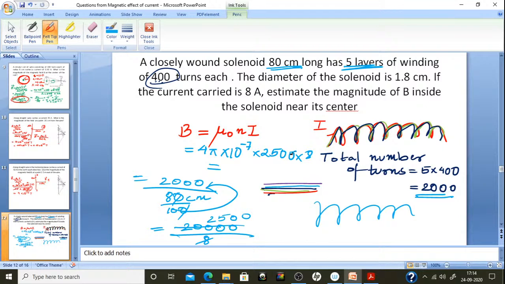Two zeros will cancel with here, so this will become minus 5. So 8 into 25 is 200, again 2 more zeros will cancel, so this will become minus 3, and what will be left here? 8. So 8 pi into 10 to the power minus 3. The maths part you will do by yourself, so don't worry about how I am getting 8 pi. Just understand how this formula comes, how n is this much, and that mu naught you know. Just try to understand that.